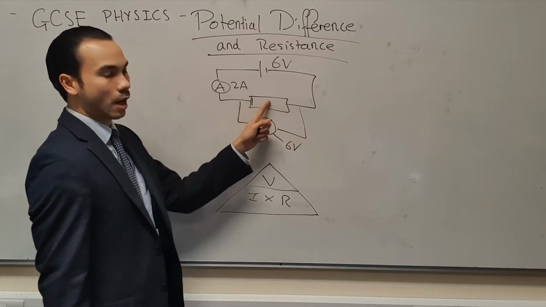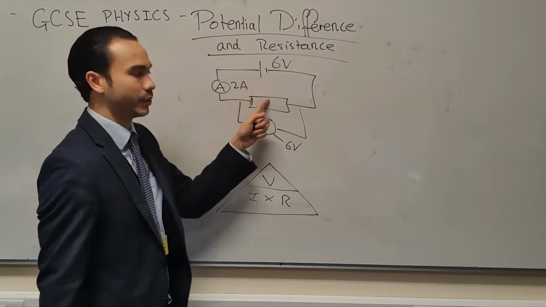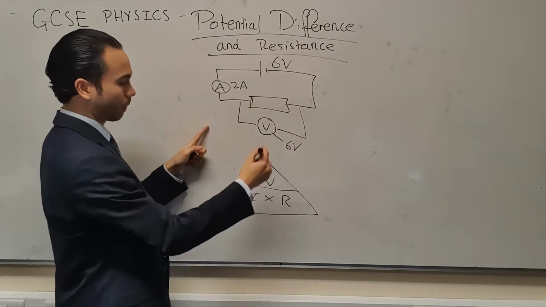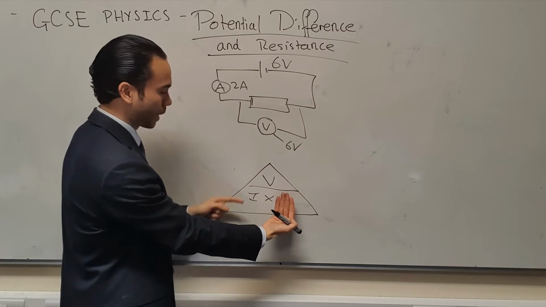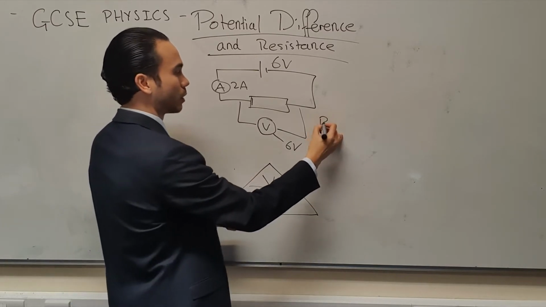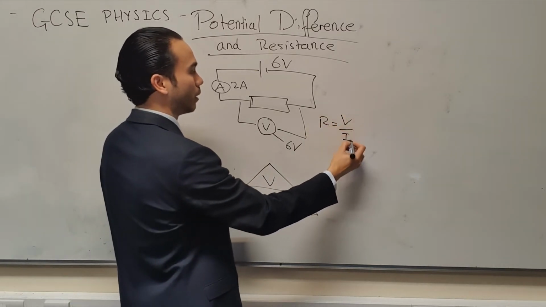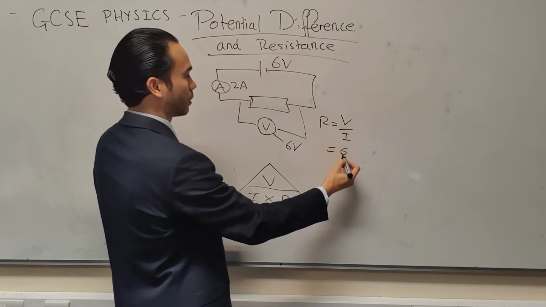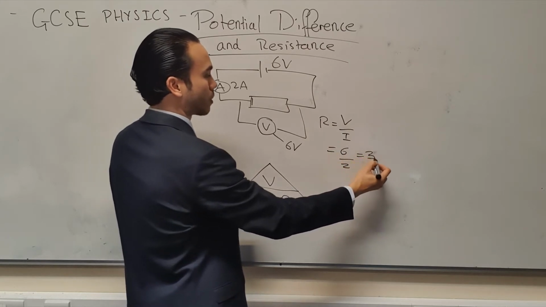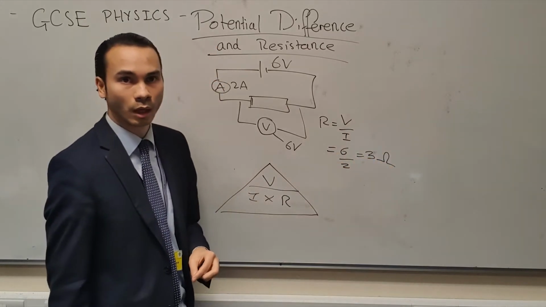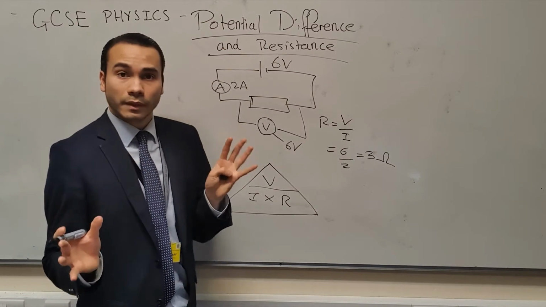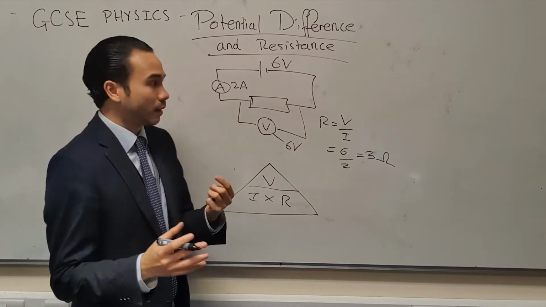How am I going to work out the resistance of this resistor? Well, I cover up my R. It's V divided by I, which is 6 divided by 2, so that's 3 ohms.